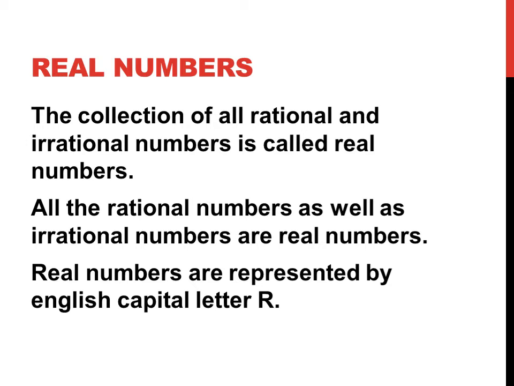If we merge both bags A and B into the bag C, then it contains all the rational and the irrational numbers. Then we can say that bag C is the collection of the real numbers. Now we can say that all the rational as well as all the irrational numbers are the real numbers. Fine, and it is also represented by the letter R.